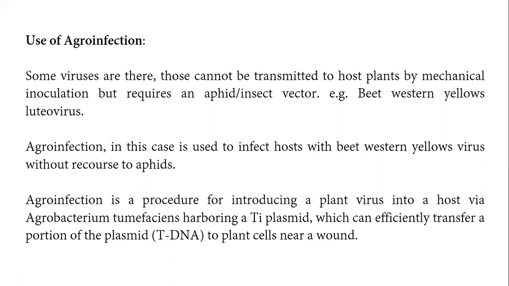Using agro infection, the insect portion can be omitted so that the virus easily transfers its genome into the plants, and in this way new types of transgenic plants can be developed.